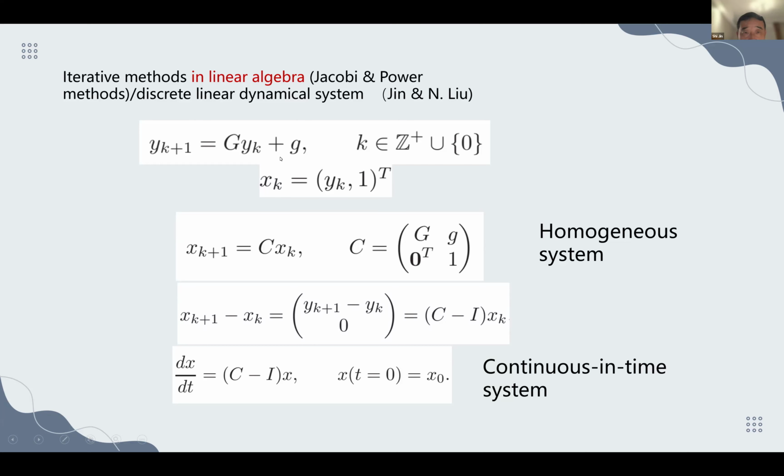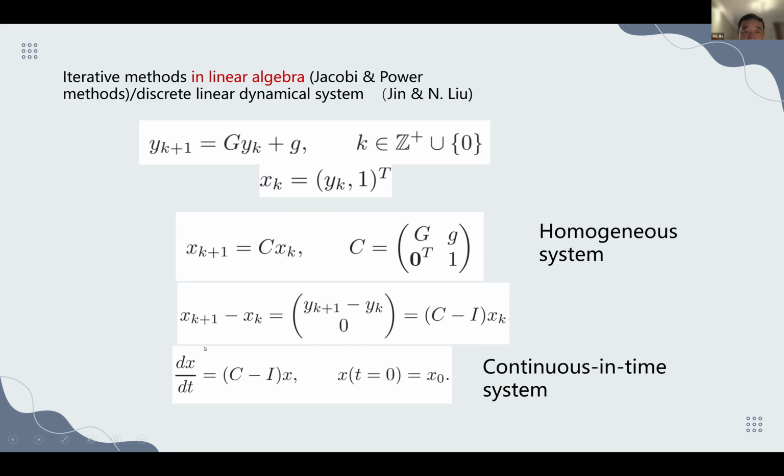Of course, here we have this inhomogeneous term, but you can just add one component, say 1, to Y to make this inhomogeneous system a homogeneous one, and get rid of this term. Then you subtract x_k from both sides, and you can view x_{k+1} minus x_k as a discrete time derivative, dx/dt.